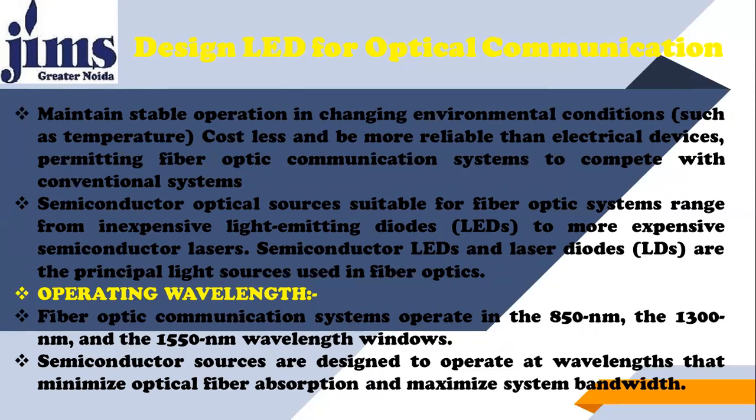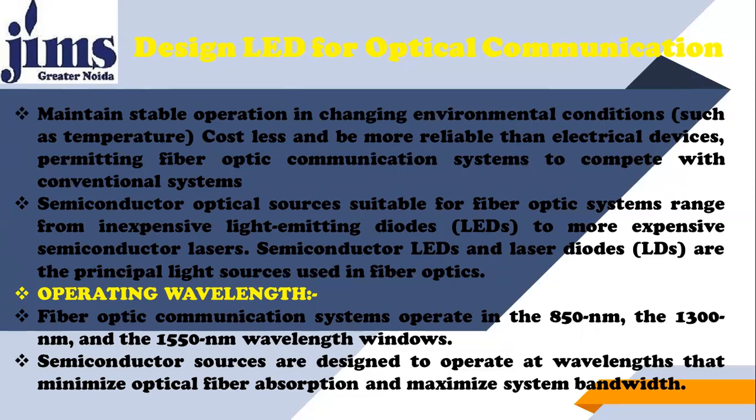So semiconductor optical sources suitable for fiber optic systems range from inexpensive light emitting diodes to more expensive semiconductor lasers. So we have various types of LEDs and lasers available in the market, with different costs depending on the quality of light that you want. Of course, laser has better quality of light than LEDs.